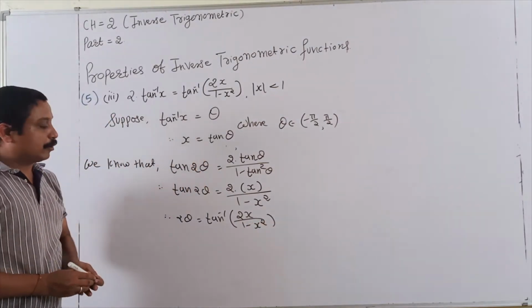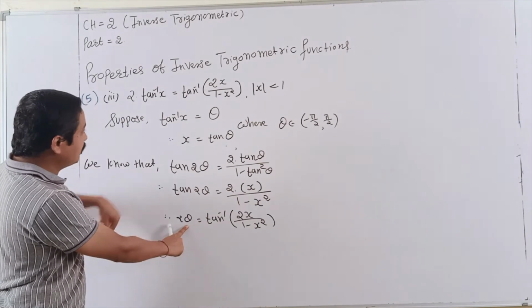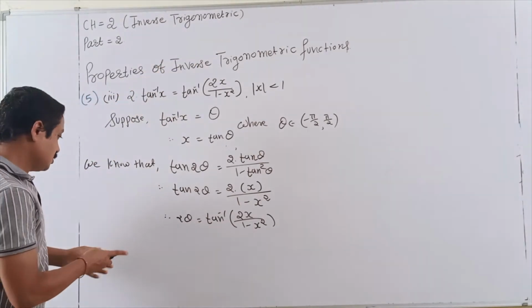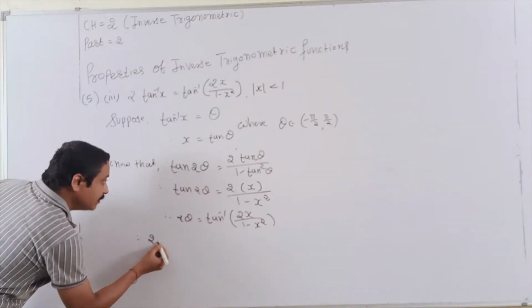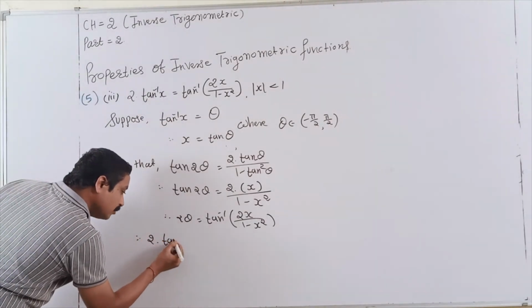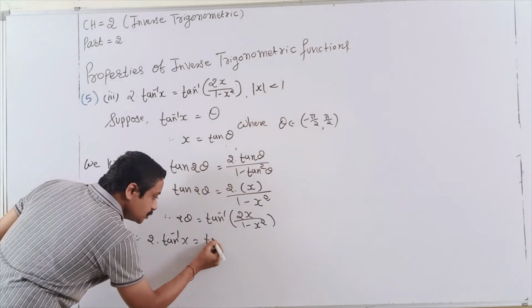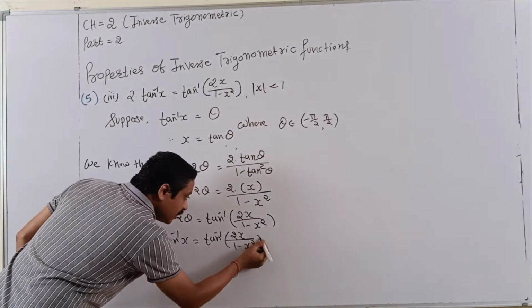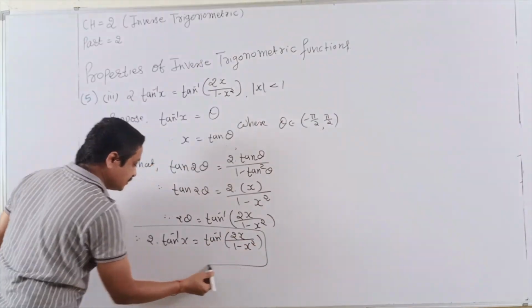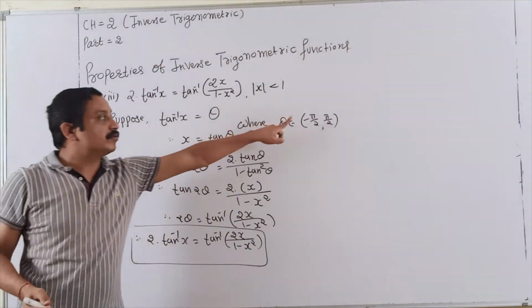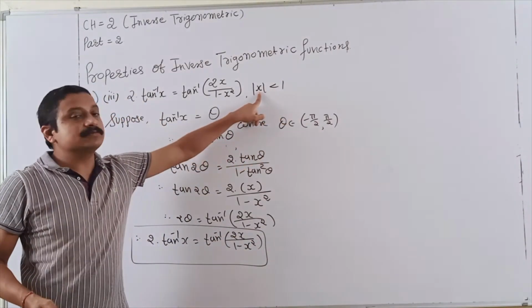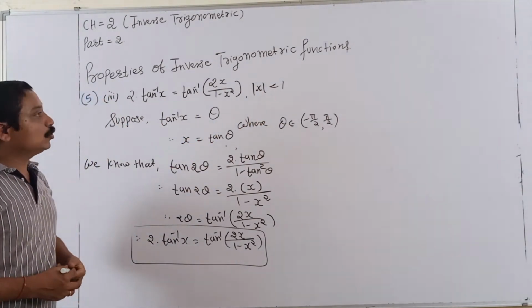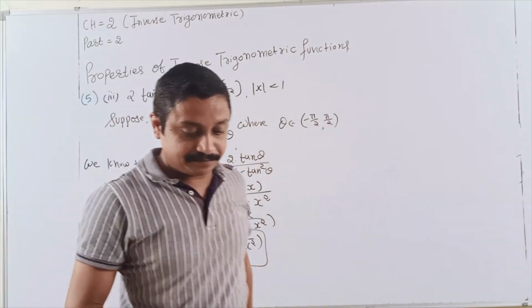Finally our property is done, because theta I already know, and this is our RHS. So finally I write 2 times theta, which is 2 tan inverse x, equal to tan inverse of 2x by (1 minus x square) is my final answer, in the range of minus 1 to 1, with closed and open brackets as shown. Correct? Now I go to property number 6.